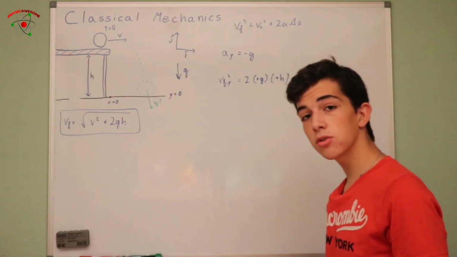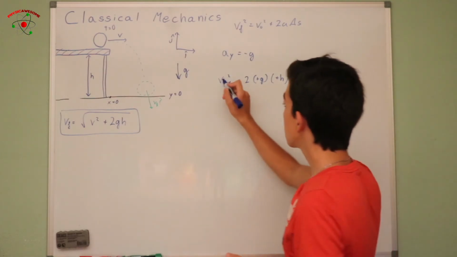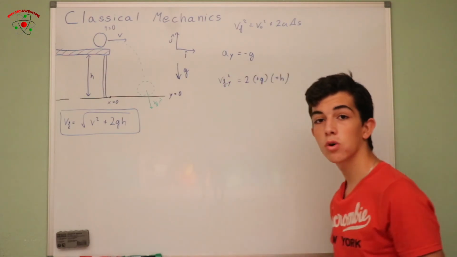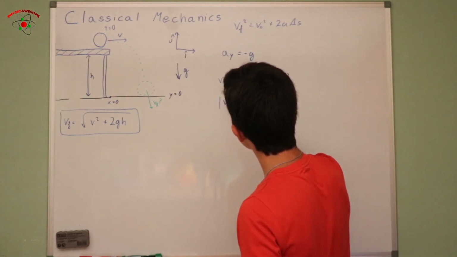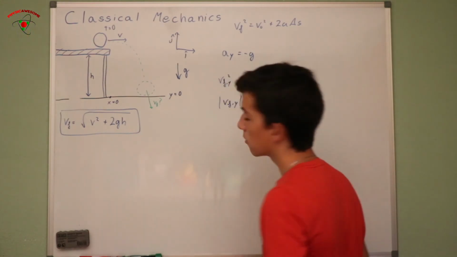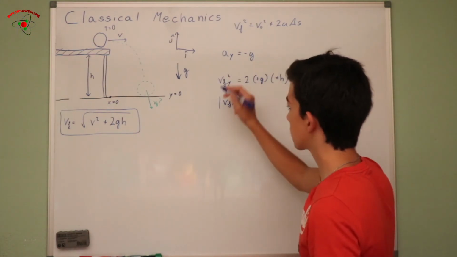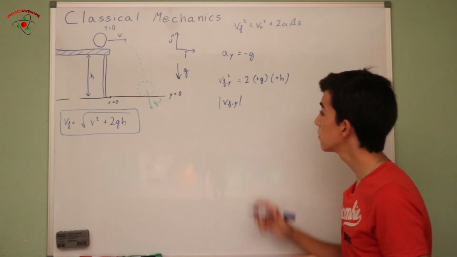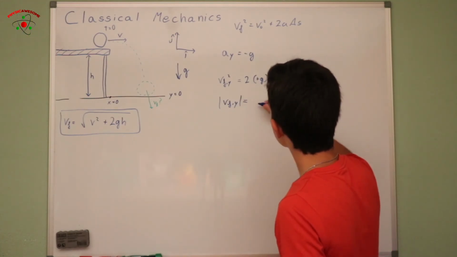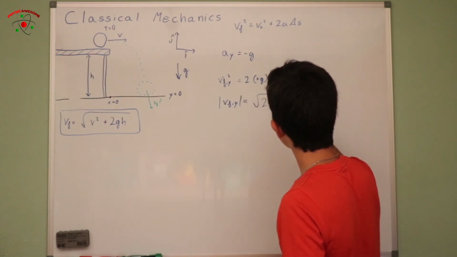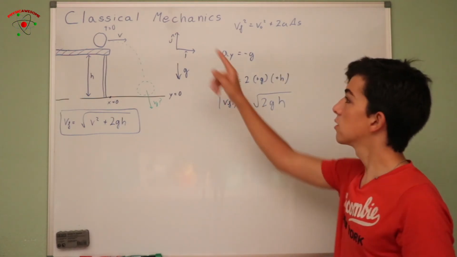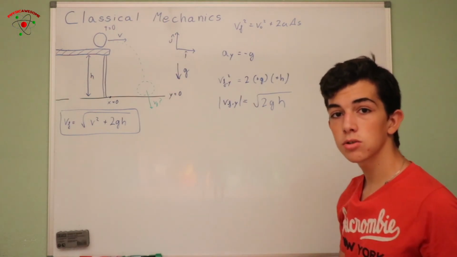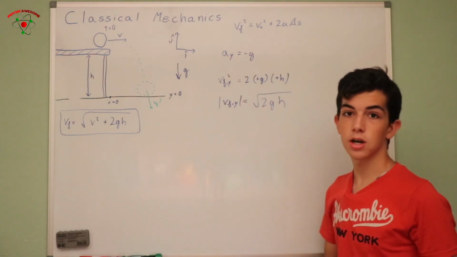We cancel those negative signs, and if we take the square root on both sides of the equation, we see that the absolute value of our velocity in the y direction, as we took the square root of a squared number, is the square root of 2gh. And in this particular case, by using our physics intuition, we can see that it must point downward.